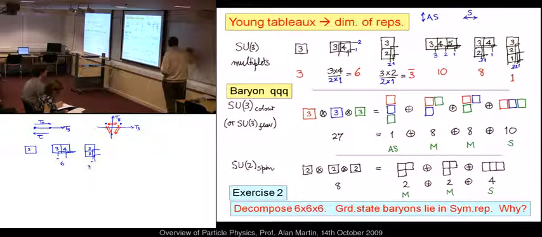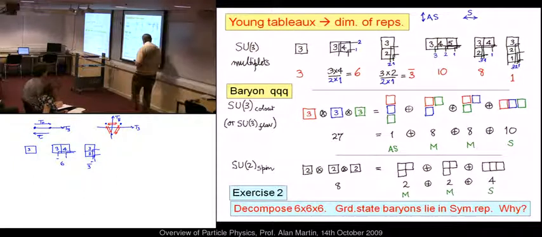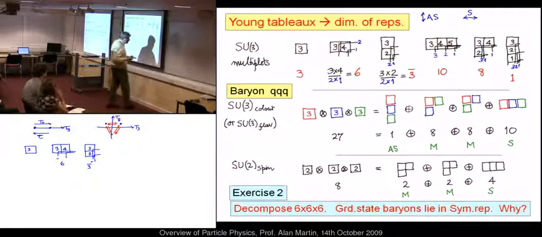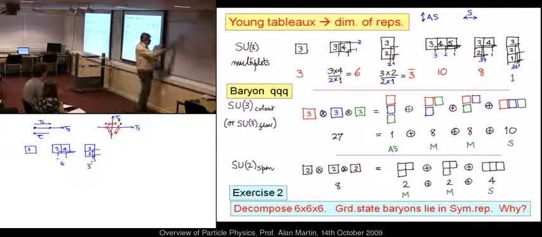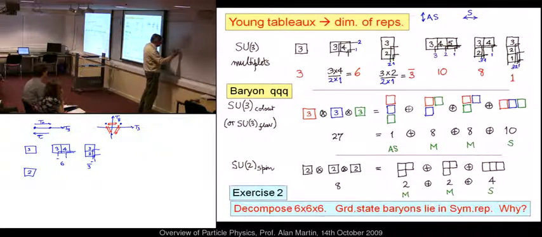This is dimension 3. It's different from this 3. Notice it's 2 boxes. This is 3 bar. You can sort of see this with SU2. With SU2, you would have had 2 times 3 divided by 2. This would have been 3. So if this had been SU2, this is probably the one that you're most familiar with, this one would have been 3, and this one would have been 1.